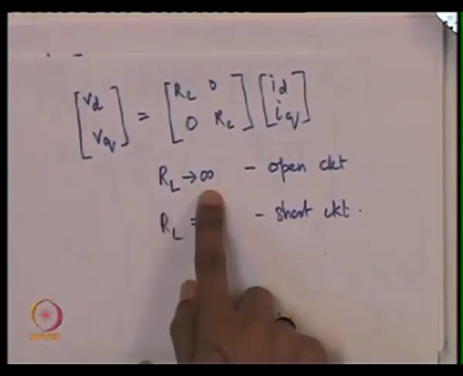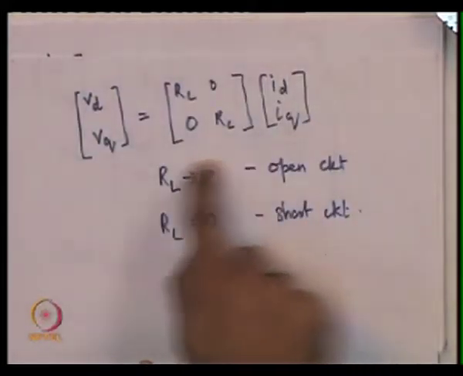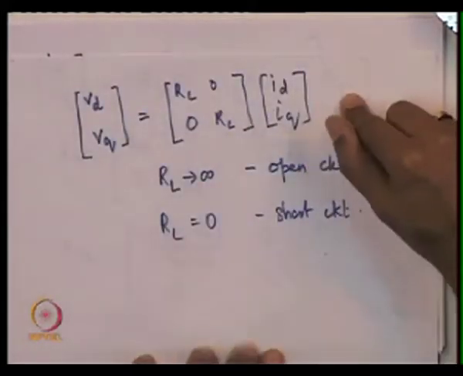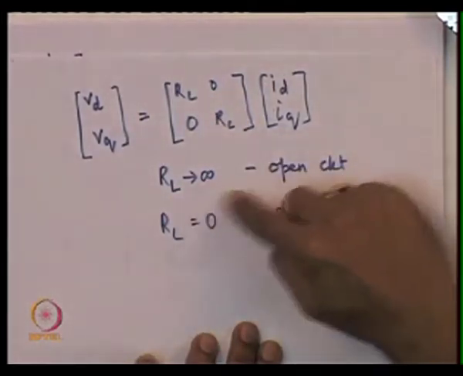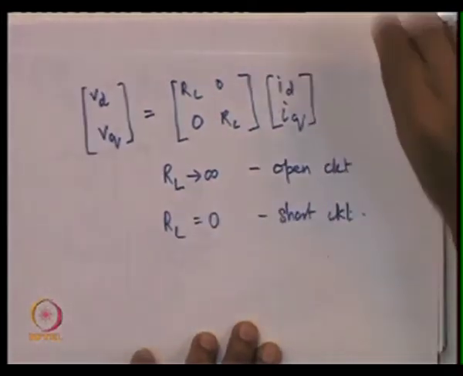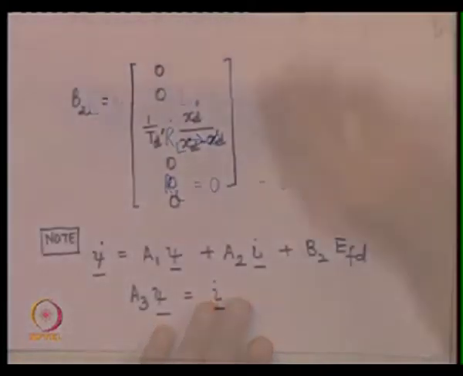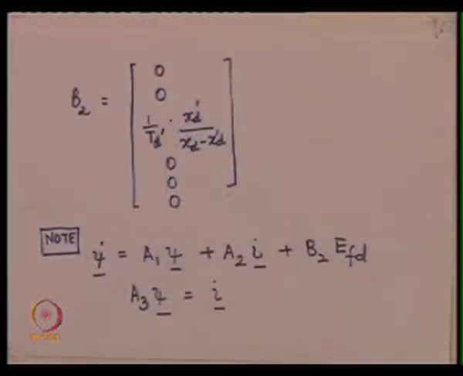So, the open circuited generator is represented as a star connected load with the resistance value RL very large. Now, in some sense, the effect of VD and VQ gets subsumed into A2, since we have expressed it in terms of ID and IQ.